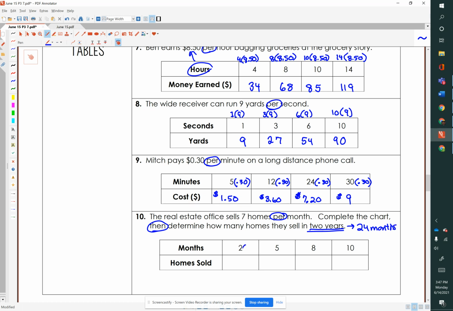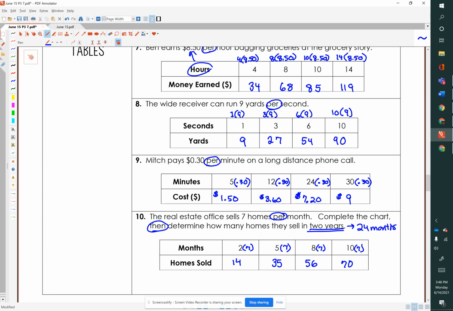So 7 homes per month, 2 times 7 is 14. And that's 2 months. In 5 months, they will sell 35. In 8 months, they will sell 56 homes, and in 10 months, they will have sold 70 homes.